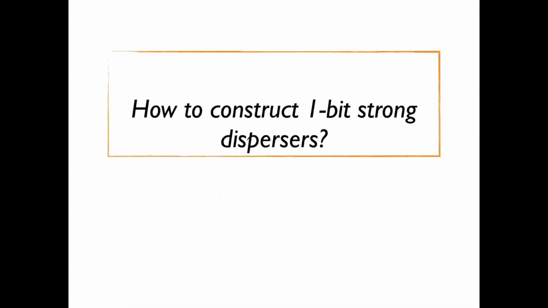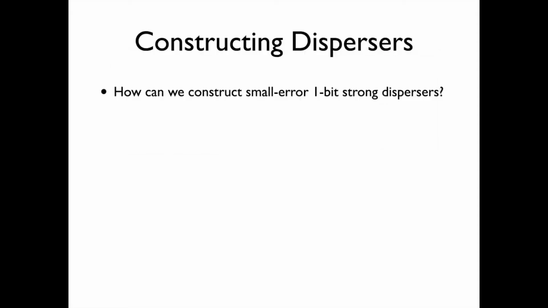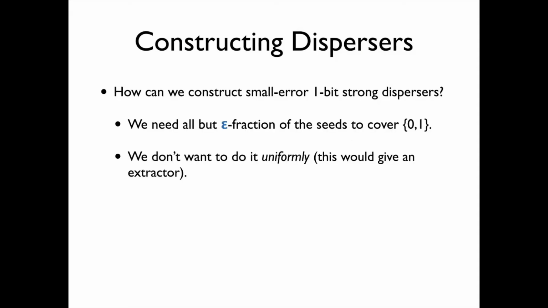Okay, great. So how to construct 1-bit strong dispersers? What we need is all but epsilon fraction of the seeds to cover {0,1}. But we don't want to do it uniformly, because we know seeded extractors cannot achieve the parameters we are after.